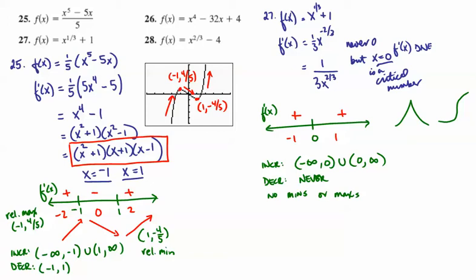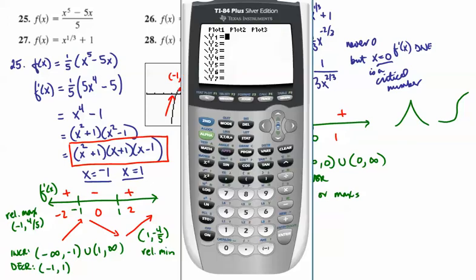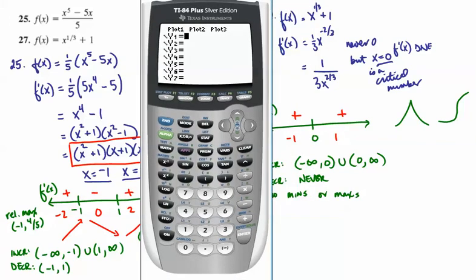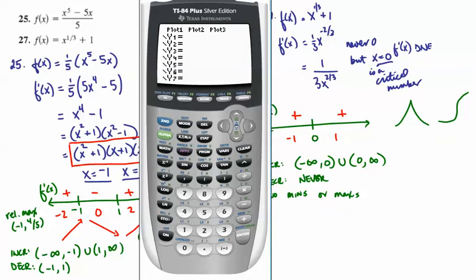So if we open up the graphing calculator, and let's see what we have here. We have x to the 1/3. Again, whenever you're putting a rational exponent into the calculator, you have to put it in parentheses. X to the 1/3 plus 1. And we're going to go ahead and graph.